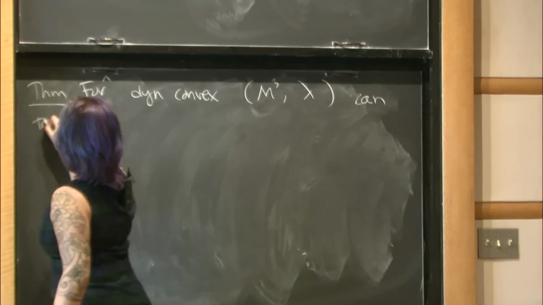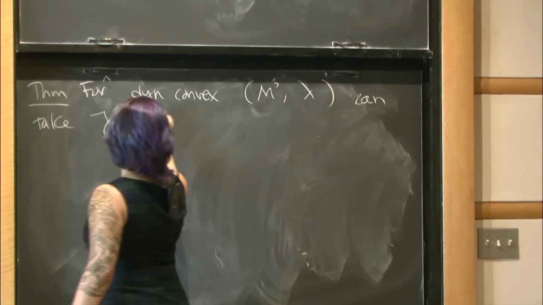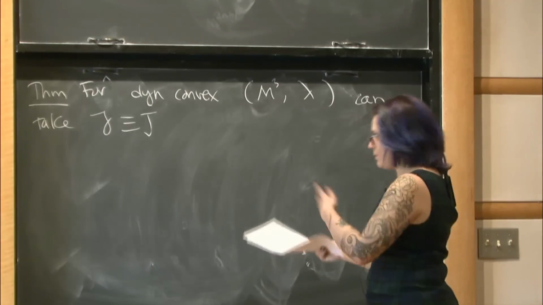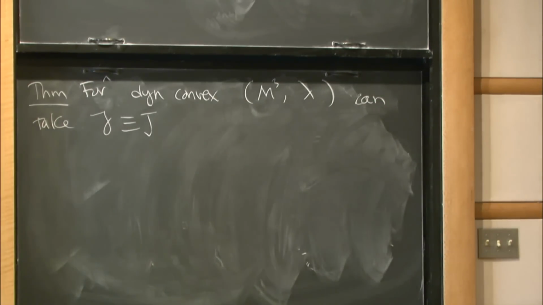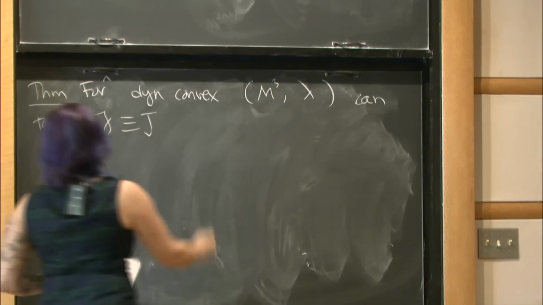We can take J to be some S1 independent object, and that will be exactly the same thing that we need to define these moduli spaces, but everything sort of simplifies.